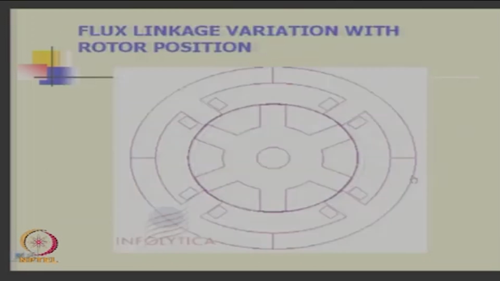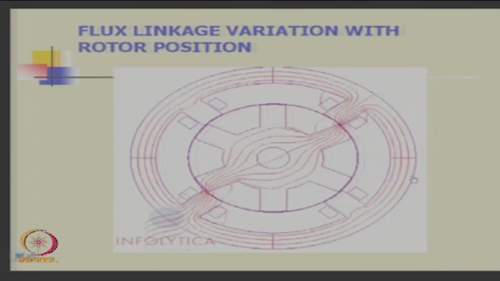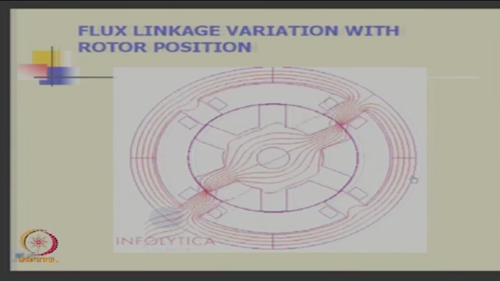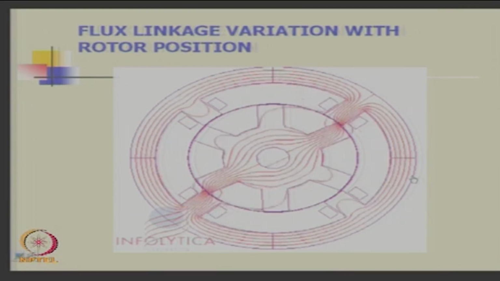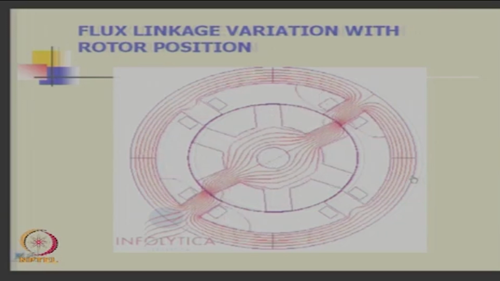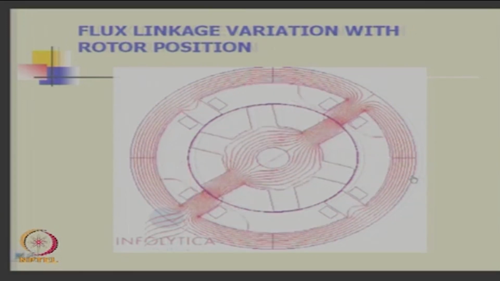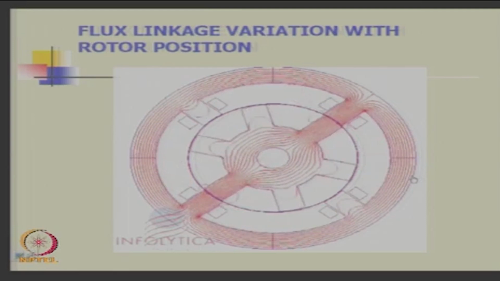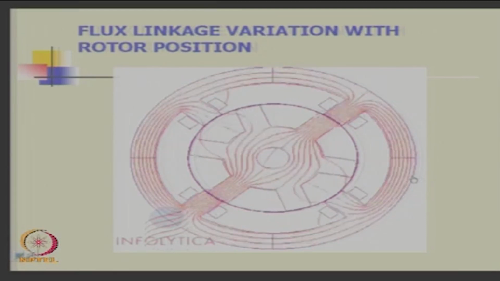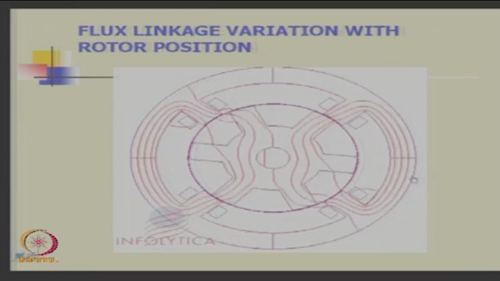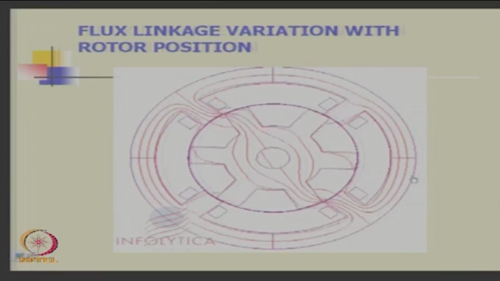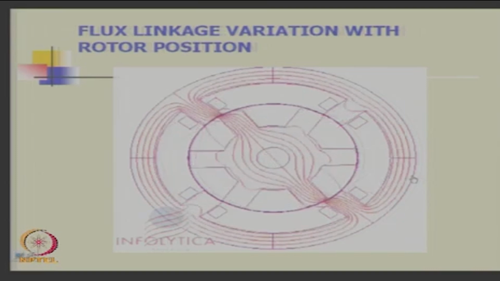Now you see this. What is the flux pattern linking the rotor position? Rotor is moving slowly, but the flux, you see, now it is aligned, maximum flux, then it is moving, then you have almost minimum flux.